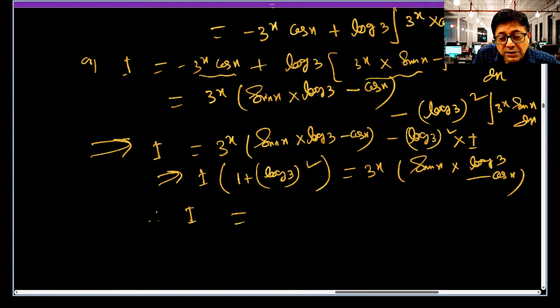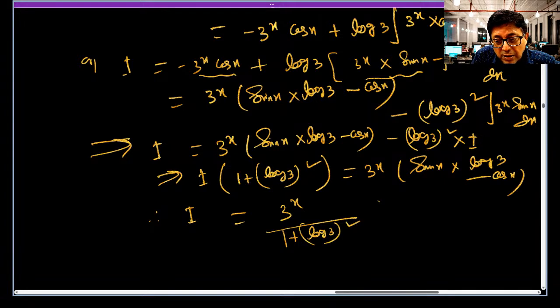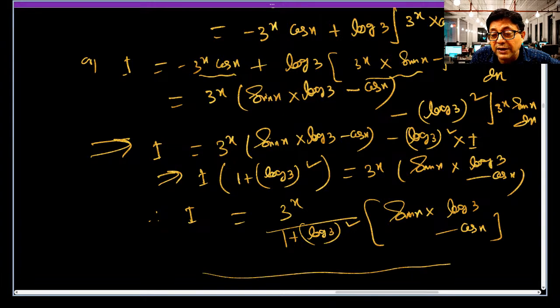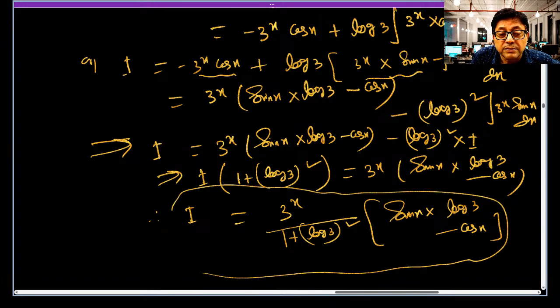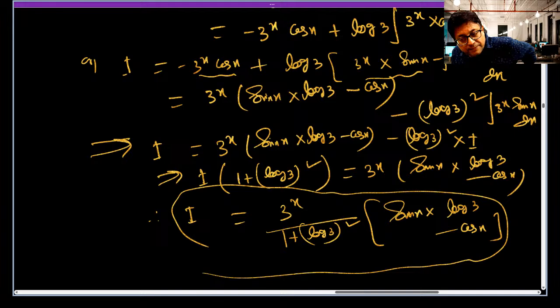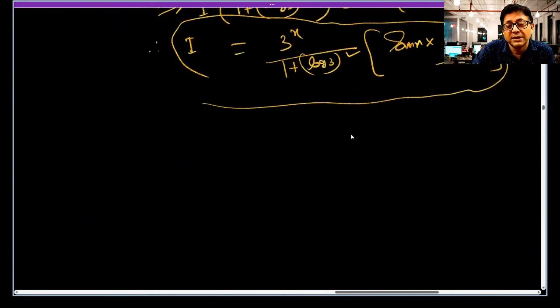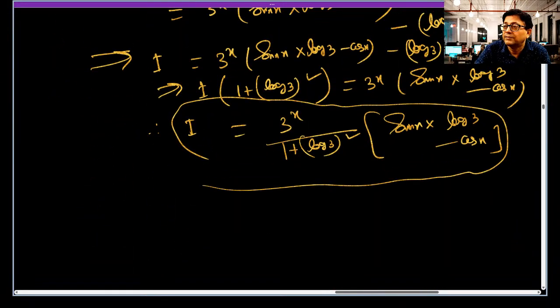I equals what? Sin x into log 3 minus cos x, over 1 plus log 3 whole square. This is the final answer. Okay? For 3 to the power x multiplied by sin x, this is the answer.